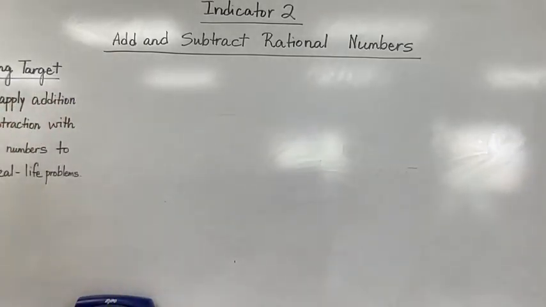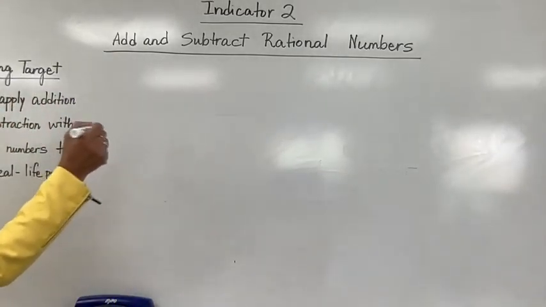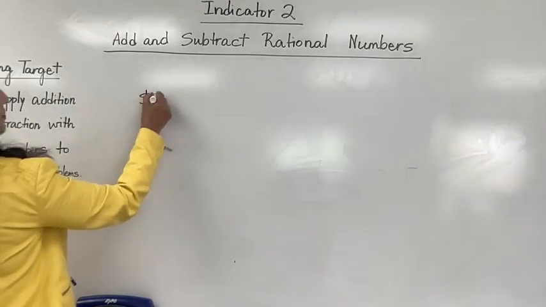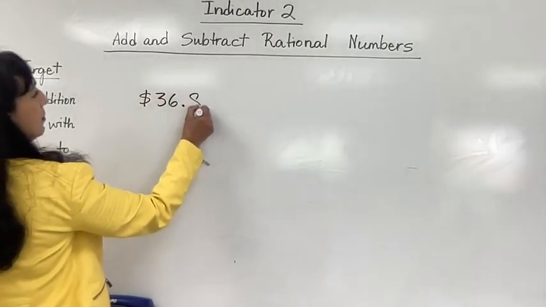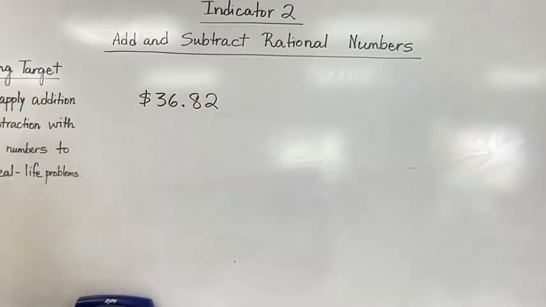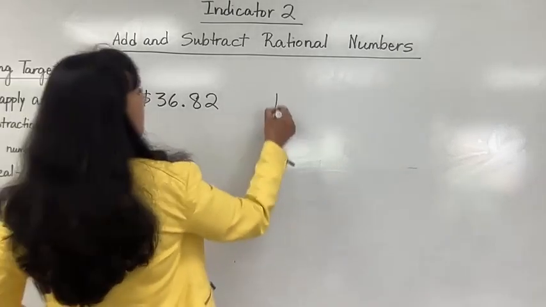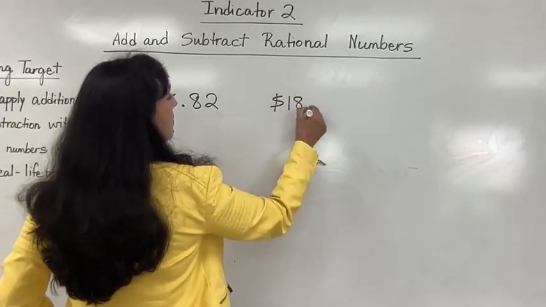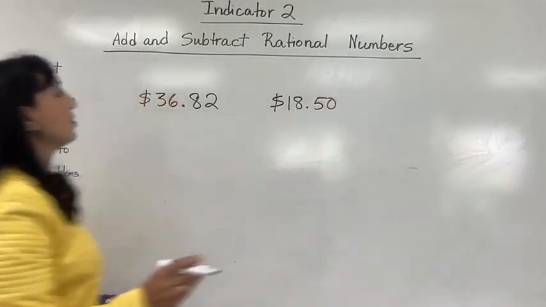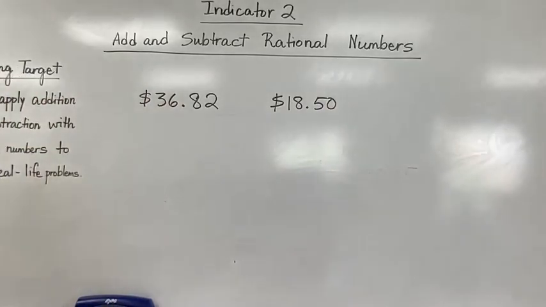Annalise has earned $36.82 at her part-time job. And then babysitting, she earned $18.50. Okay, $18.50. So we are looking at what is the total amount she earned.